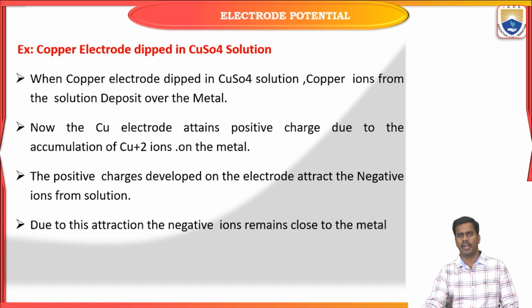Now the copper electrode attains a positive charge due to the accumulation of Cu2+ ions on the metal. The positive charge developed on the electrode attracts the negative ions from the solution. Due to this attraction, the negative ions remain close to the metal.